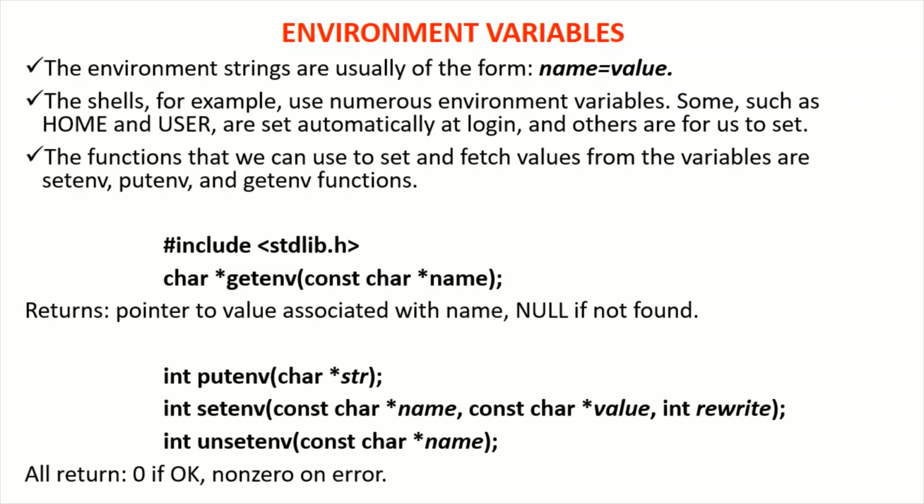Otherwise, if rewrite is 0, the existing definition for name is not removed, name is not set to the new value, and no error occurs. The unsetenv function removes any definition of name. It is not an error if such a definition does not exist.